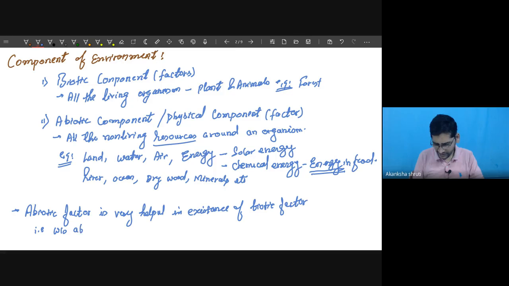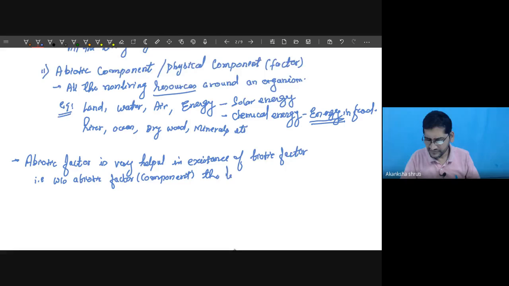Without a biotic factor or component, student, the life or biotic factor cannot exist.